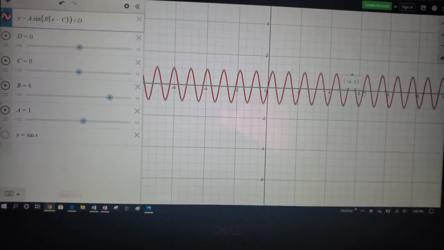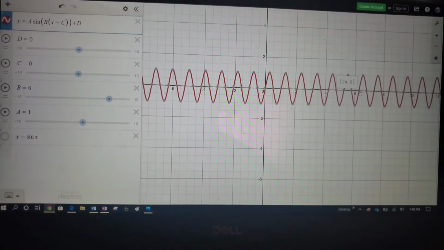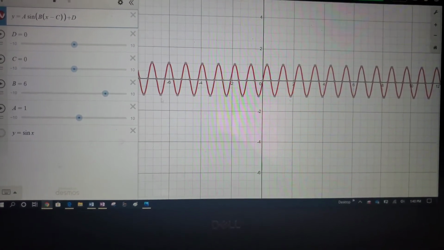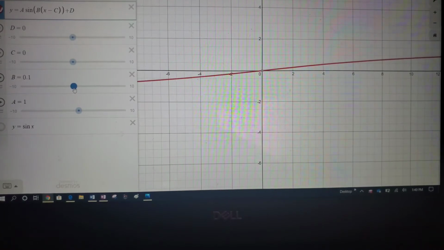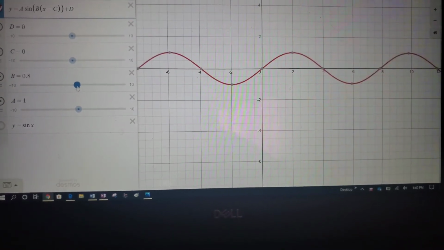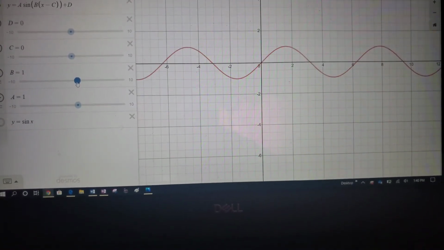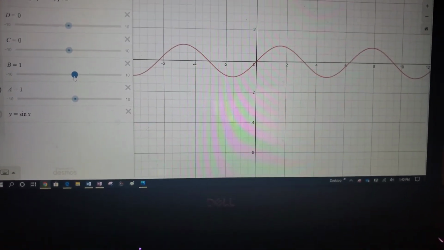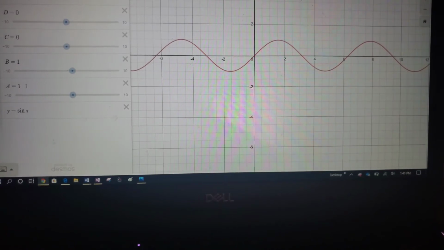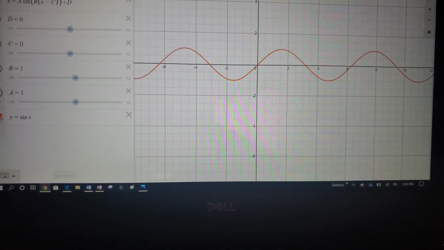We're going to have 6 cycles in 2 pi. That's B. That's how it works. And again, the period is just the length of a cycle. A is the amplitude again, and that's it.